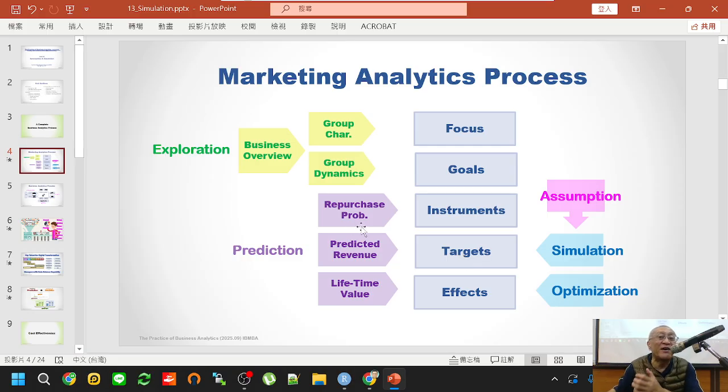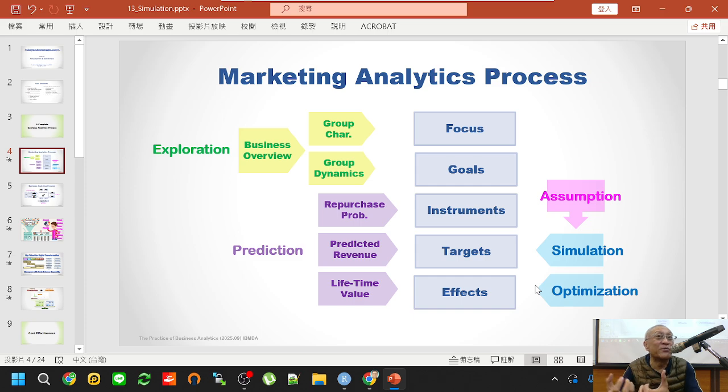And when we apply that marketing instrument to a certain group of target customers, we want to know its cost effectiveness, right? And in order to do that, the prediction is not enough. We need to make some assumptions, and then based on those assumptions, we can do some simulation. That is what we are going to cover today, okay?